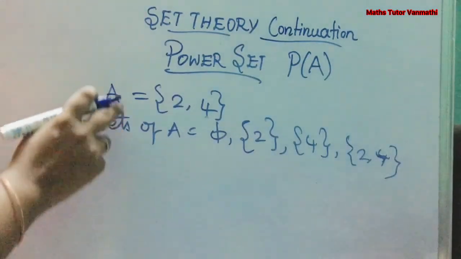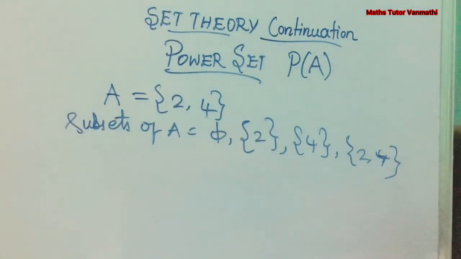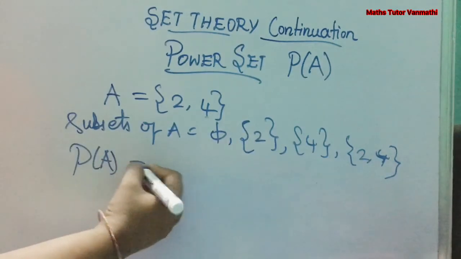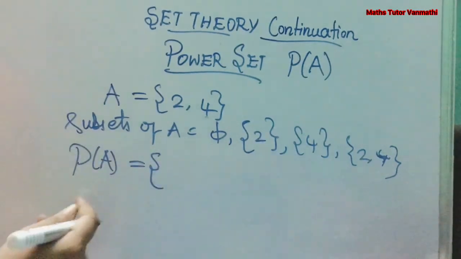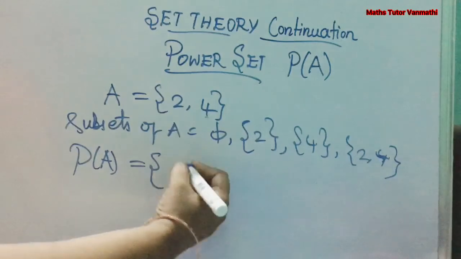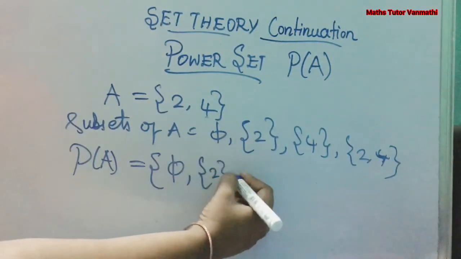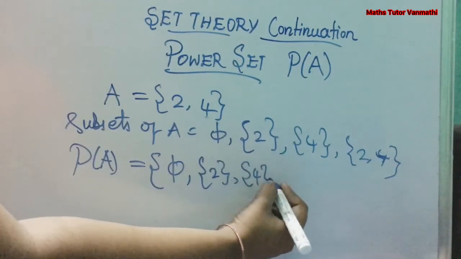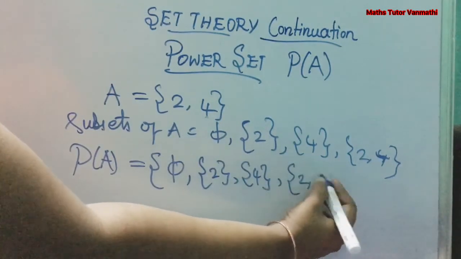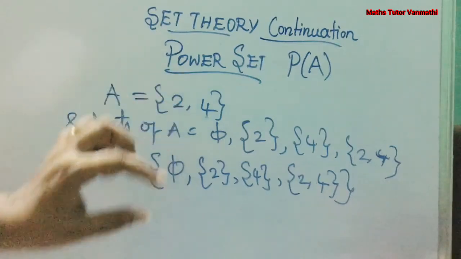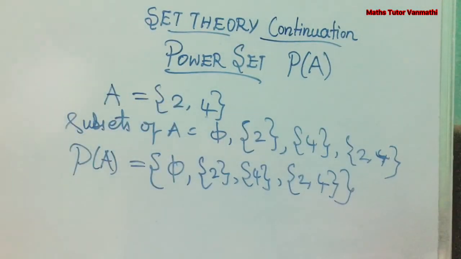These are the subsets of A, and the power set is written as P of A, which is equal to, in set notation, {phi, {2}, {4}, {2, 4}}. This is a power set. That is, the set of all subsets of the set is a power set.